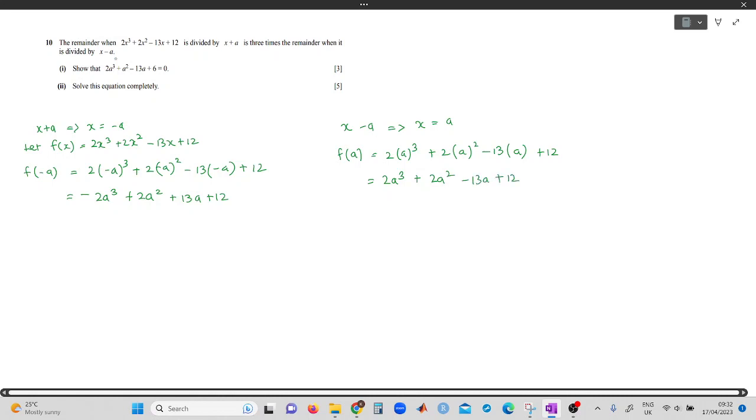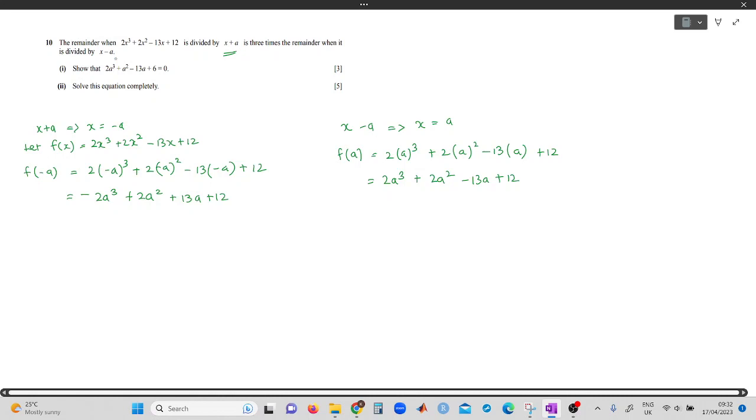Le remainder que je gagne quand je divise par x plus a, c'est 3 fois, ça veut dire it's 3 times the remainder that I get when I divide by x minus a.